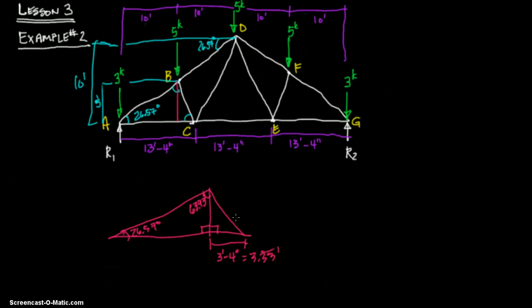And knowing that, you also know that this dimension here is 5 foot. And from there, you can also get the dimension of this right here. Simple Pythagorean theorem.